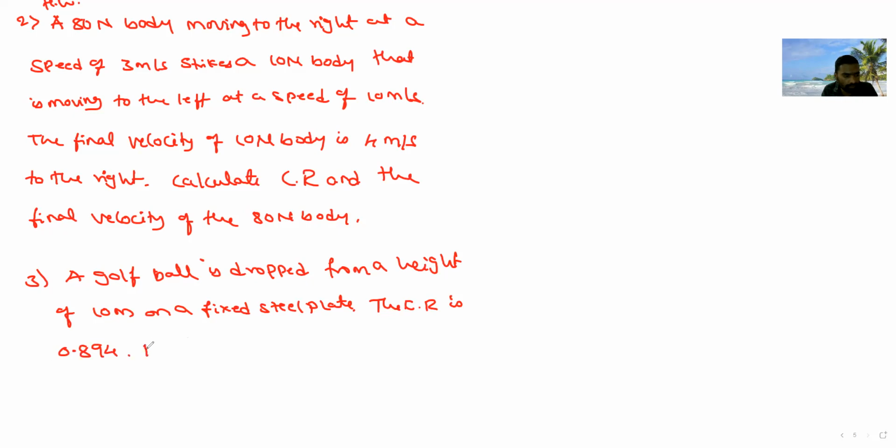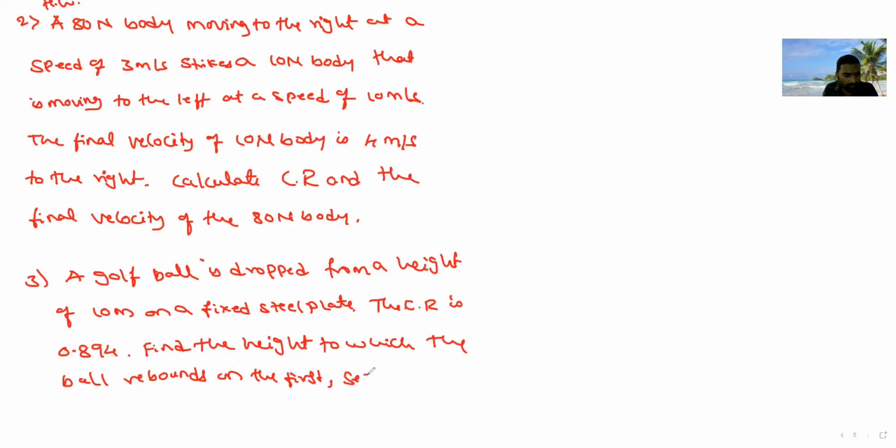Find the height to which the ball rebounds on the first, second and third bounces.